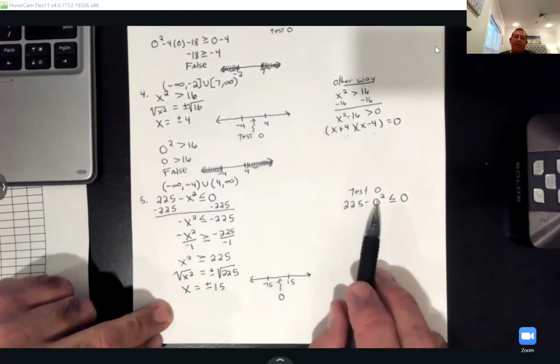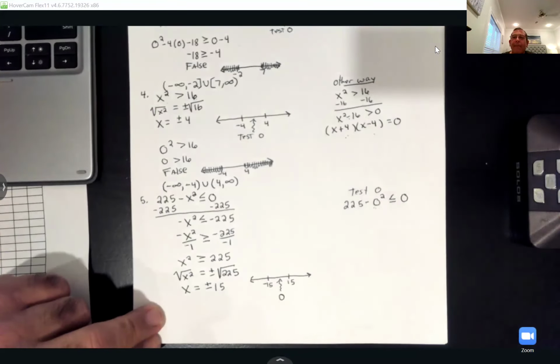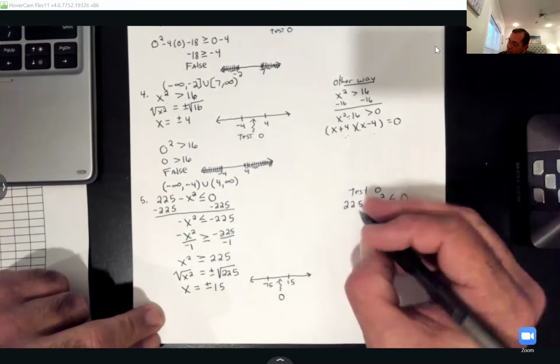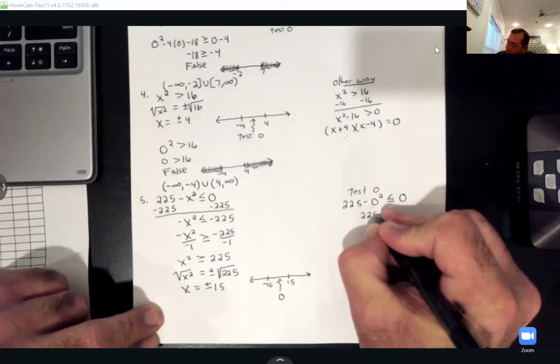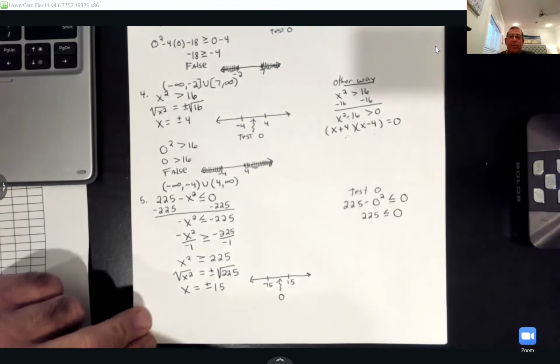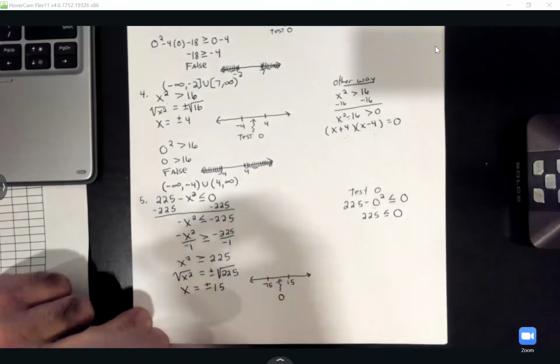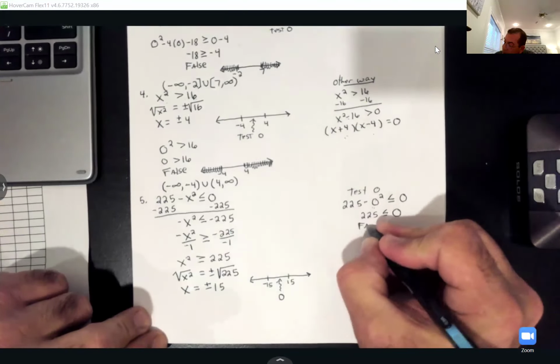So is this going to give me a false or true statement? Because it looks like all I'm going to have is 225 less than or equal to 0. So y'all true or false? False. Right, so that is false.